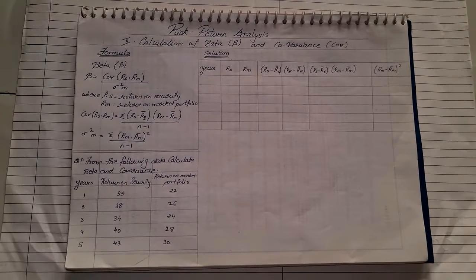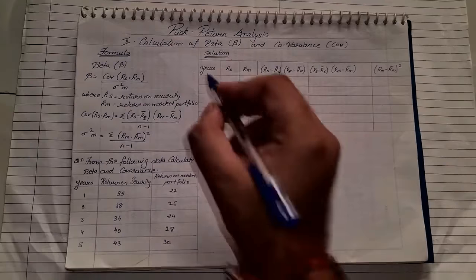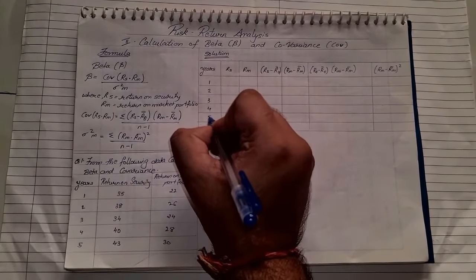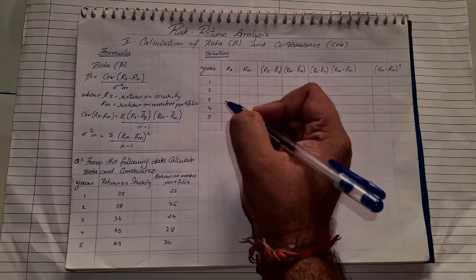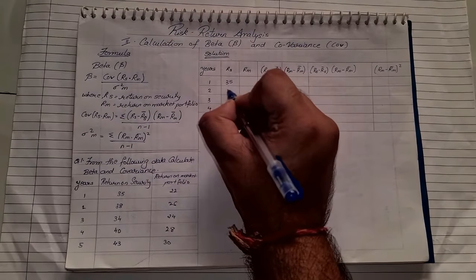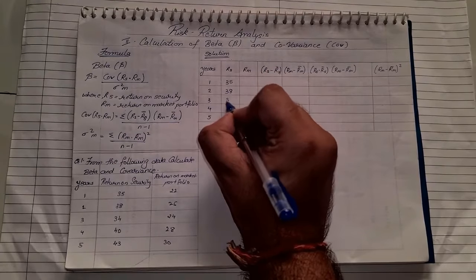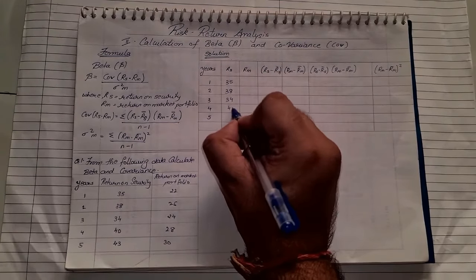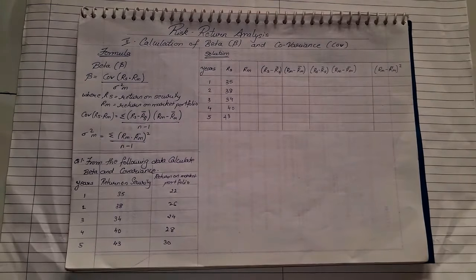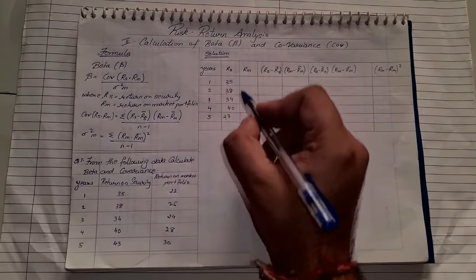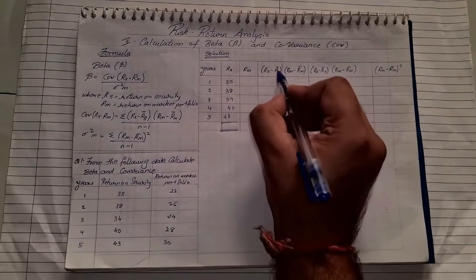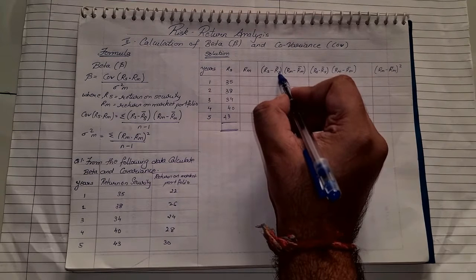Now let us see how we fill up the values. Years we will note down, we have 5 years: 1, 2, 3, 4 and 5. Under return on security, we will write 35, 38, 34, 40 and 43. Once you have written all the values, add them up, because I need R bar, which is nothing but the average.